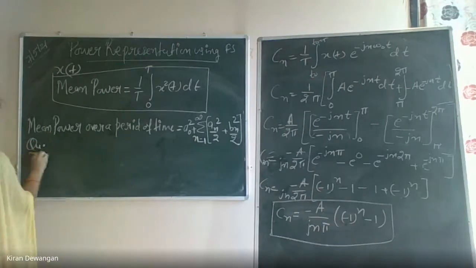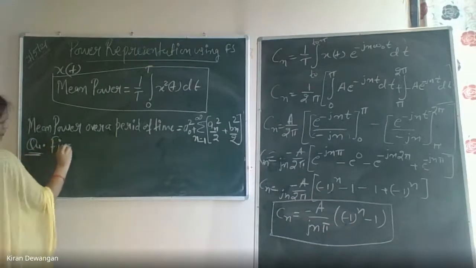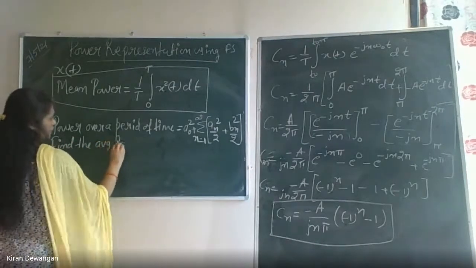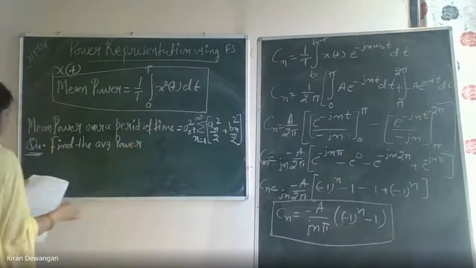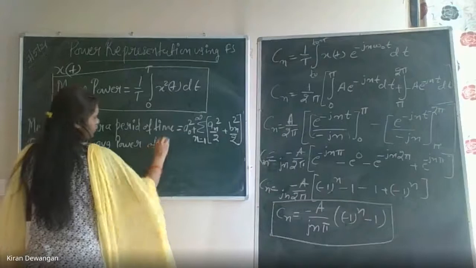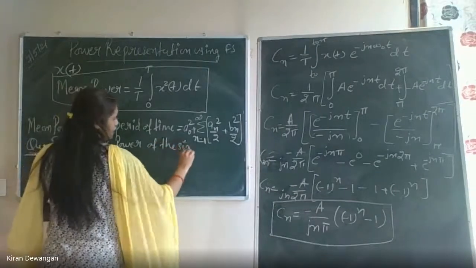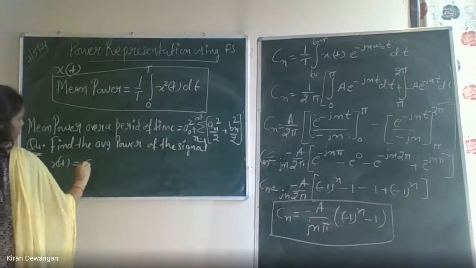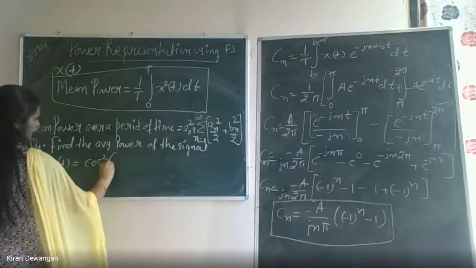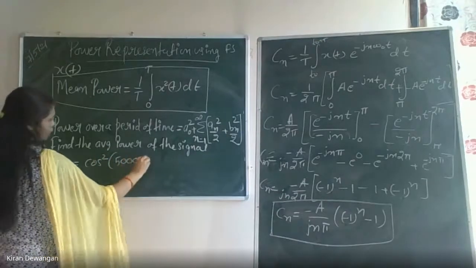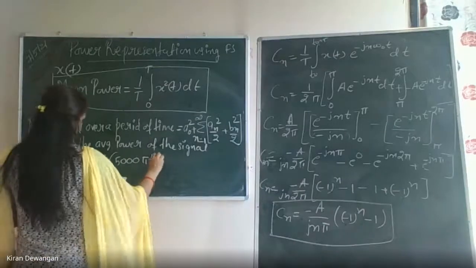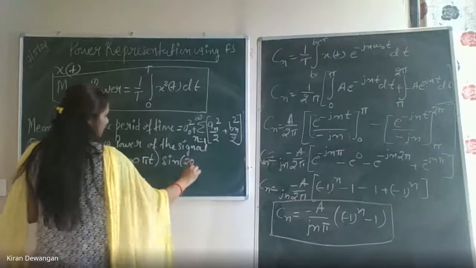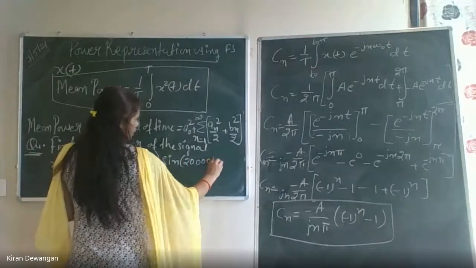Find the average power of the signal xt, which is given by cos square 5000 pi t into sin 20,000 pi t.